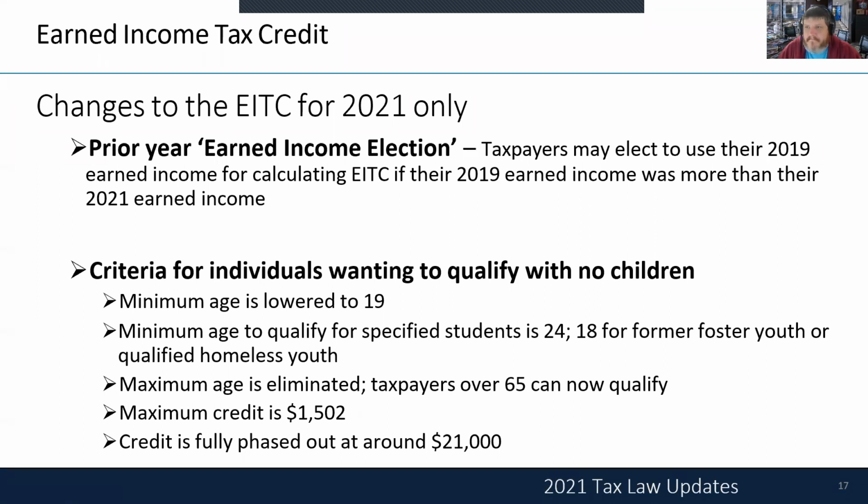They are not going to get the full credit for that child because the earned income is $5,000. But if you know that in 2019 the earned income was $10,000, guess what? You are better off using 2019 earned income because the refund's going to be higher.